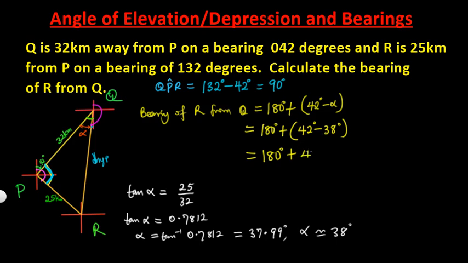We have 4 degrees. Adding this together, the bearing of R from Q will be 184 degrees.